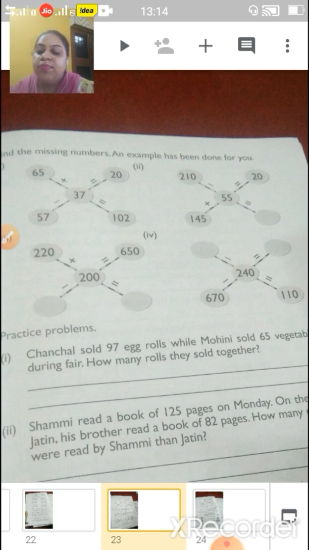Means that more pages, Jatin read more or less, that is Shammi read more pages, what the solution we are getting, than Jatin.